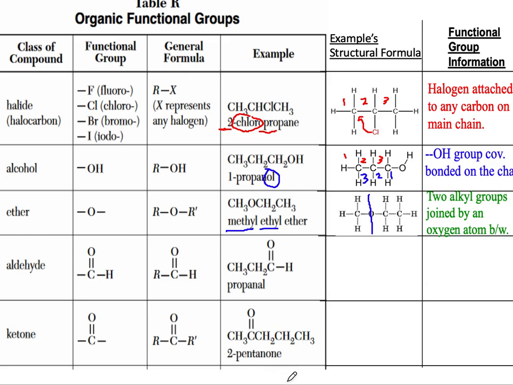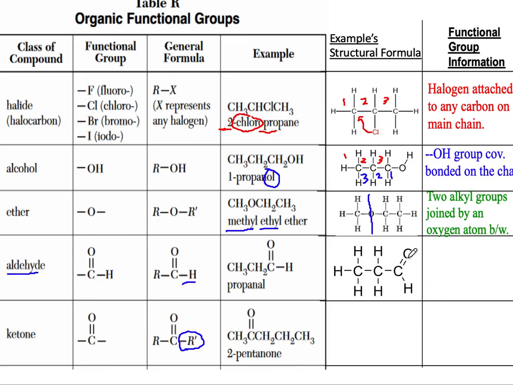Now, these next 2 are very similar. If we take a look, they both involve double bonds to an oxygen, but if you notice with an aldehyde, there is a hydrogen attached to that carbon that has the double bond. Here, it's not a hydrogen, it's some other carbon group.